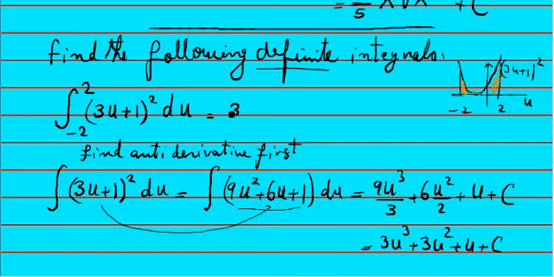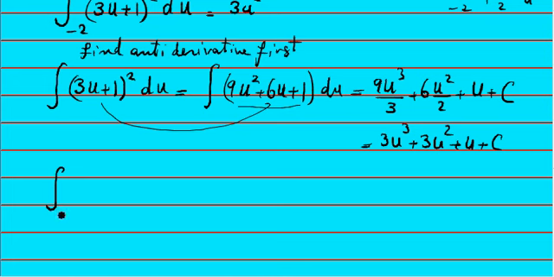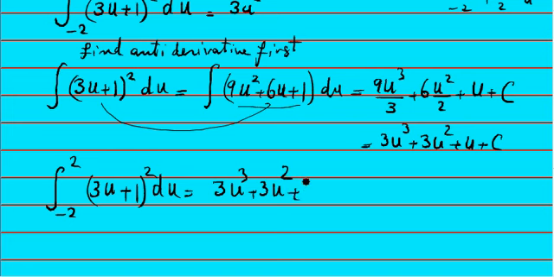So we write the antiderivative, maybe I rewrite it down here, from minus 2 to 2, 3u plus 1 squared du. I copy this through. 3u cubed, 3u squared plus u.